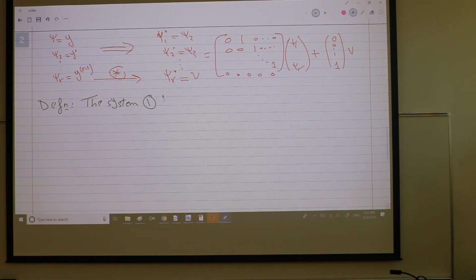The system 1 has a relative degree. This is the definition for the relative degree.